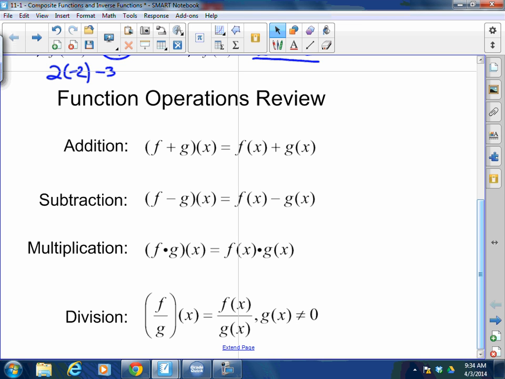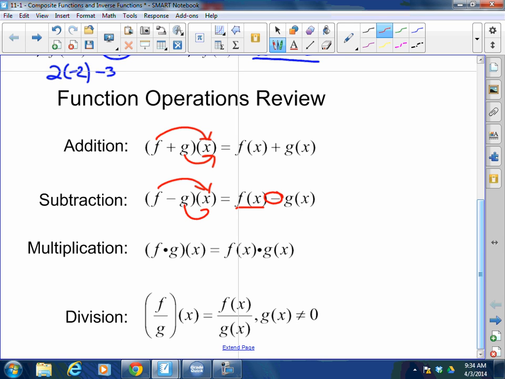As far as the function operations go, my friends, please remember f plus g of x means f of x plus g of x. That's what that means. We're going to have examples in a second. f minus g of x means take the function f of x and subtract the function g of x.